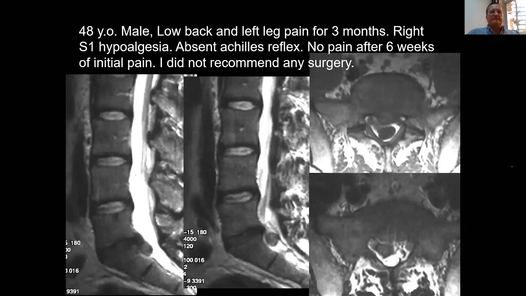Although there is a huge free fragment of disc herniation, L5S1 on the right side, caudally migrated, what would a surgery do? There was no motor deficit, nothing. I didn't operate on him.